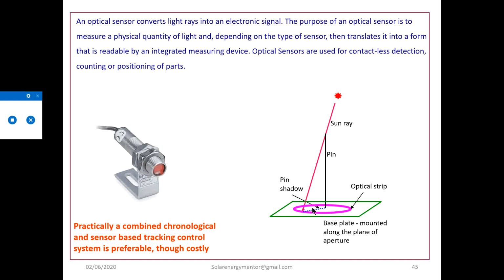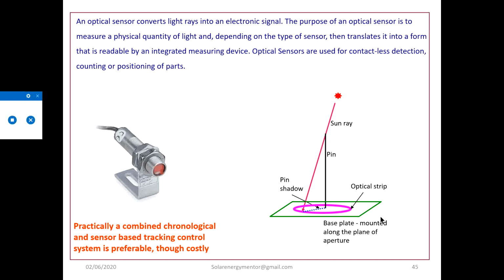So the activation signal is based on the length of the shadow, which should always be inside this circle. The shadow should not go beyond this circle. That control is maintained by this optical strip. That's how normal incidence within the acceptance angle is maintained in sensor-based control systems.